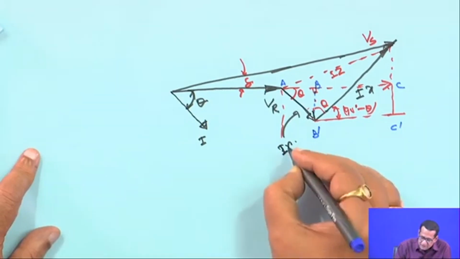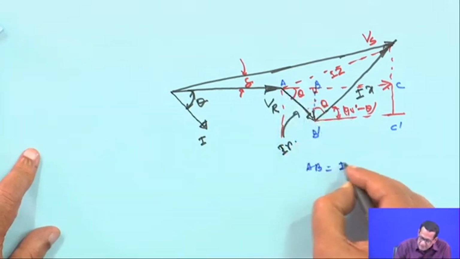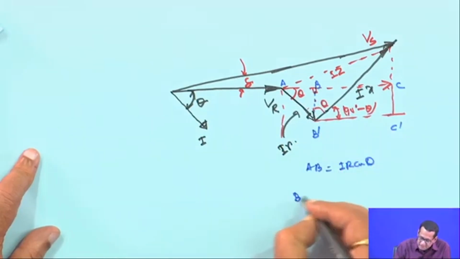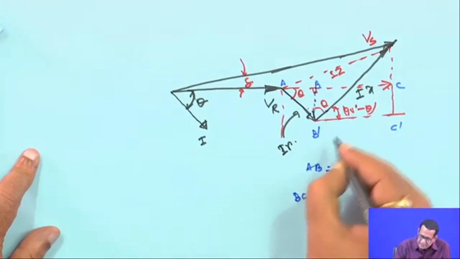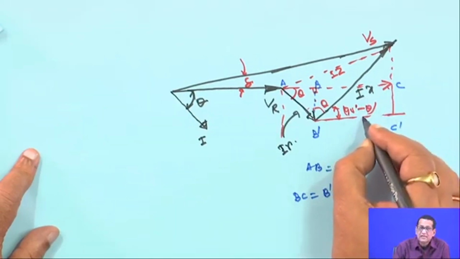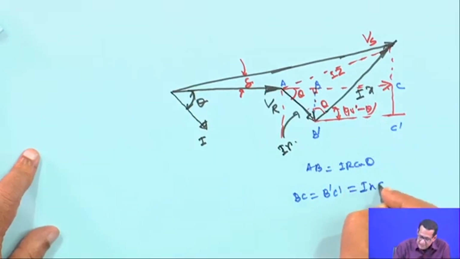AB is equal to IR cos theta. Then what is BC? BC is equal to B dash C dash, which is IX cos (90 degree minus theta), equal to IX sin theta.